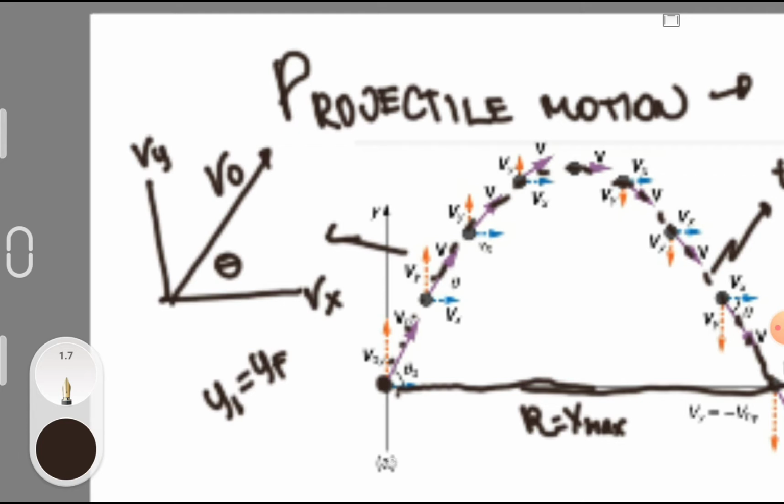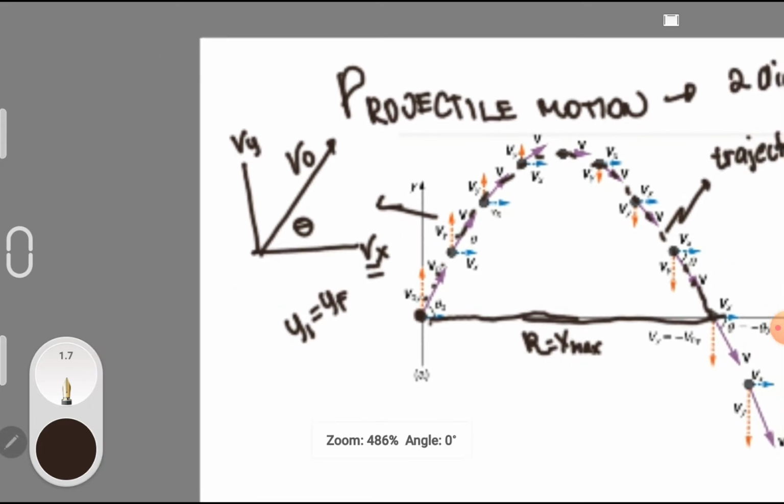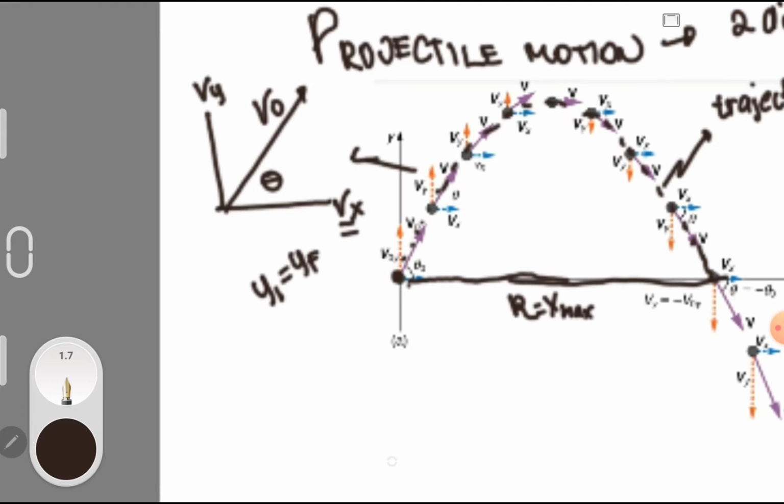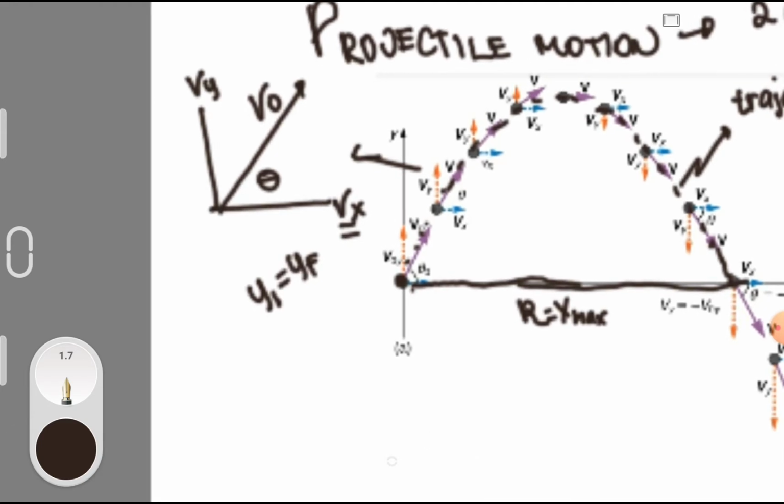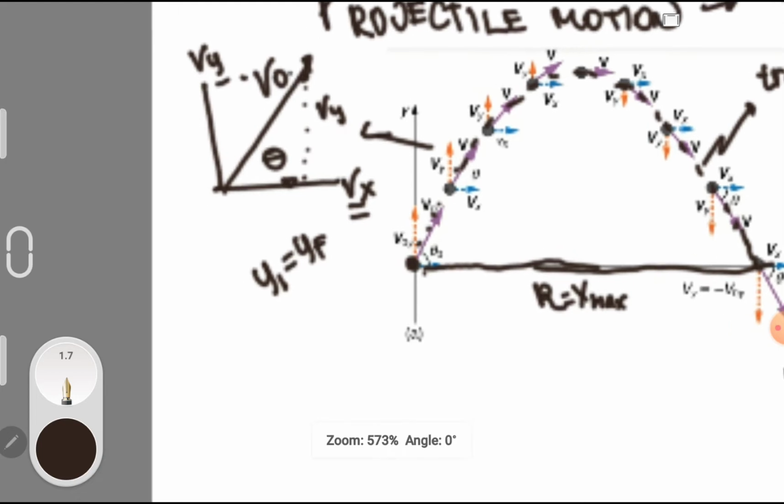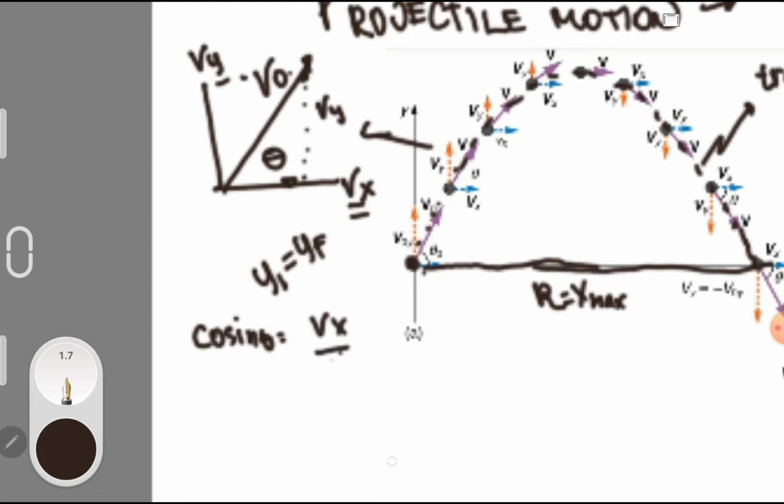So, how will we solve for your Vx? SOH CAH TOA. Opposite over hypotenuse, adjacent over hypotenuse. So, let's say this will be the projection of our Vy and this will be the projection of our Vx. Therefore, cosine theta is equal to adjacent, or your Vx, over your hypotenuse Vo.